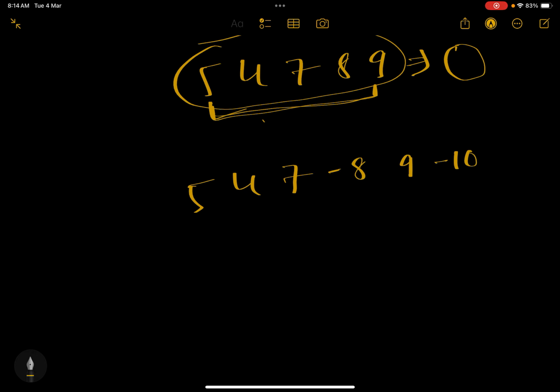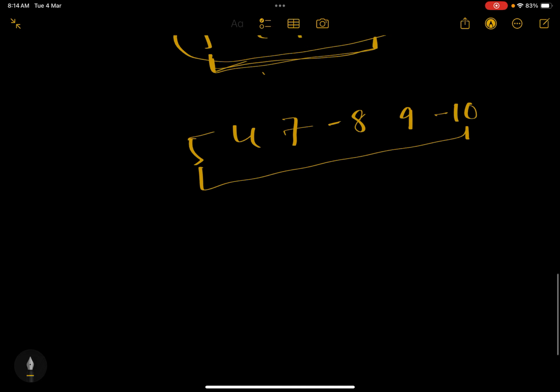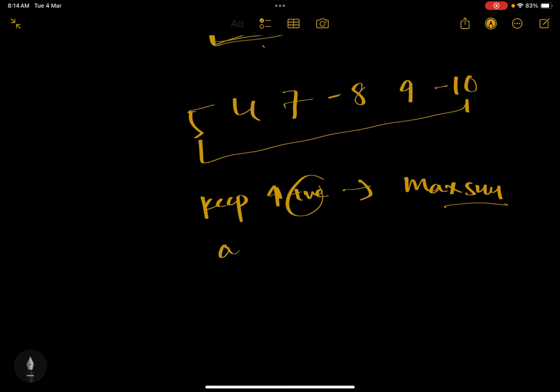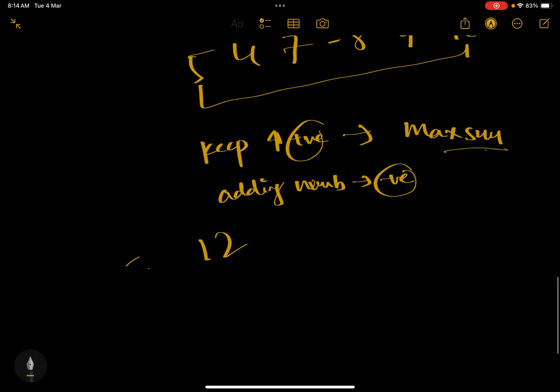See, normal mathematics says if you keep adding only those numbers which are positive, it will always give you a maximum sum, right? So if anywhere while adding numbers you get a negative number, that sum will decrease. Means 1, 2, 3, minus 4.